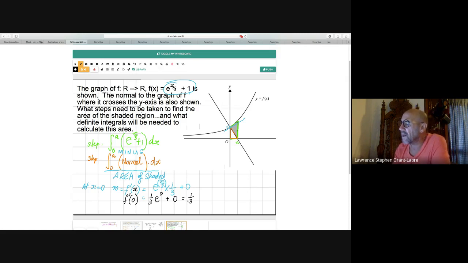Okay, so the area of that green is, oh sorry, no, that's just the gradient of the curve at x equals 0.